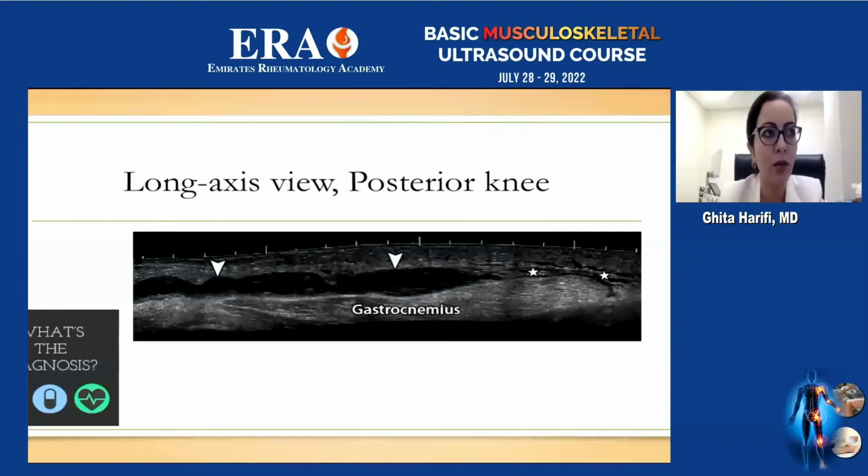This is the longitudinal view of the same patient, showing in the long axis view a partially distended Baker cyst. Here we are more distal along the gastrocnemius, and you can see here that the fluid is dissecting along tissue planes, indicating extravasation.